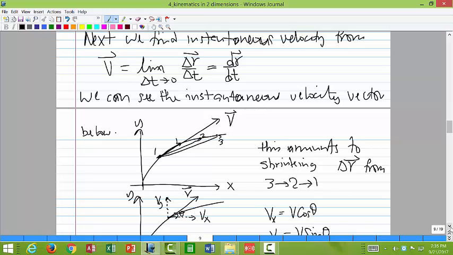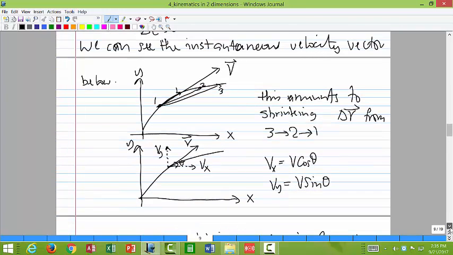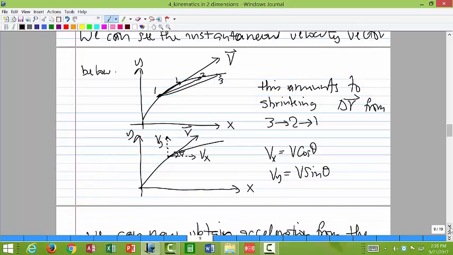Suppose we just shrink the time interval from 3 to 2 to 1. This will imply that we are making delta r very small, so we are actually shrinking the time to a given point. And at that point we have a tangent to the trajectory, or a tangent line to the curve, and that will be your instantaneous velocity vector.